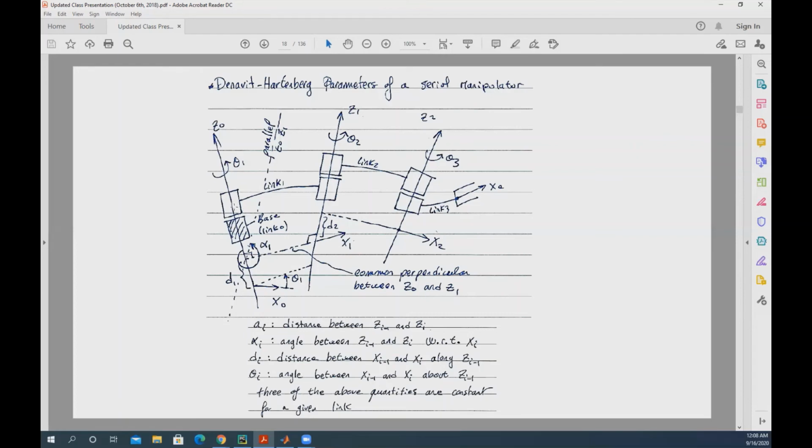If the joint is translational, it will be along the translational axis. But if it's rotational, it's going to be the axis of rotation, from the gearbox to the motor.